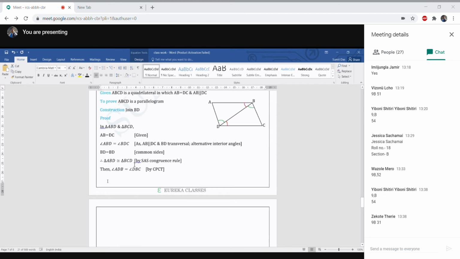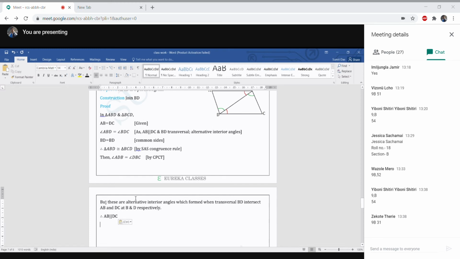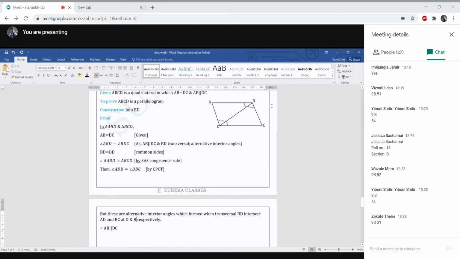But these are alternate interior angles formed by transversal BD intersecting AD and BC at D and B respectively.